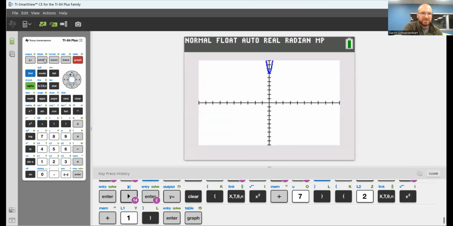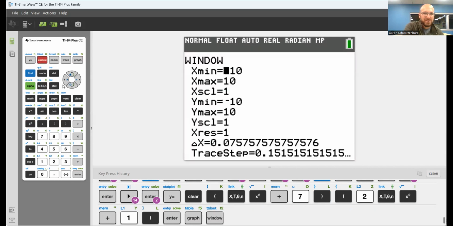So look at this graph. I guess I should move it a little higher.